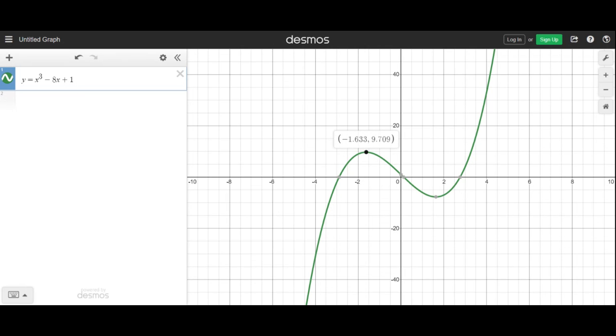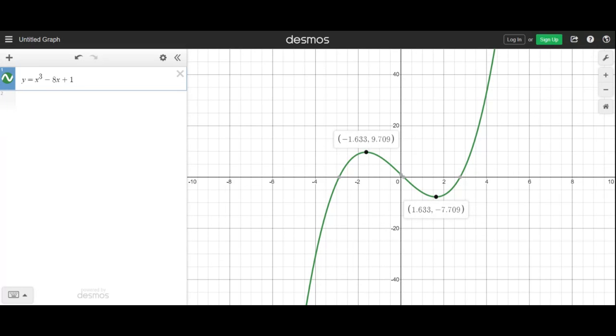Now, if we continue on from left to right, what are we going to hit next? Now we have a local minimum, and that's going to be this point right down here. Notice the values are very similar. We have a positive 1.633 this time, and then our y value is a negative 7.709.